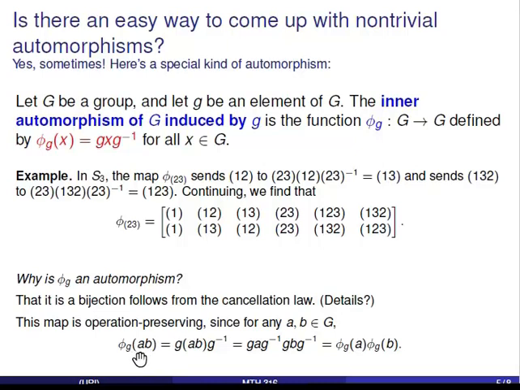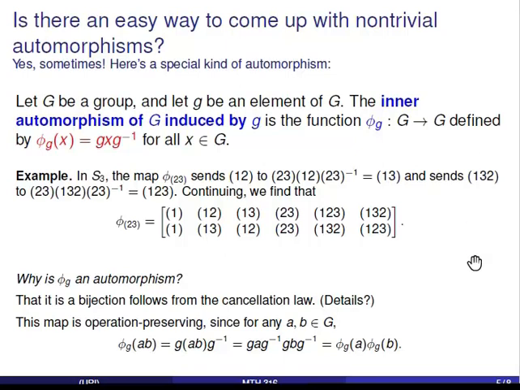If A and B are any elements of big G, then phi sub g of AB by definition equals g AB g inverse. Well, this expression is equal to the next expression, where we insert g inverse g between the A and B, which allows us to conclude that phi sub g of AB is equal to phi sub g of A times phi sub g of B.